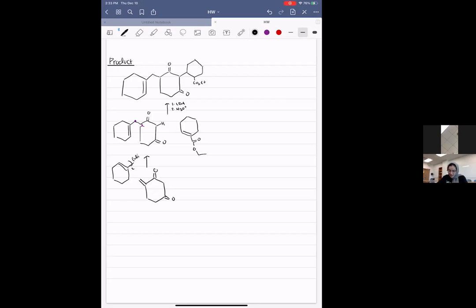Copper lithium. Now I'm going to make this by adding copper iodide and lithium to this structure with this vinyl bromide, which I created from a ketone actually. And I believe it's called the Shapiro reaction.